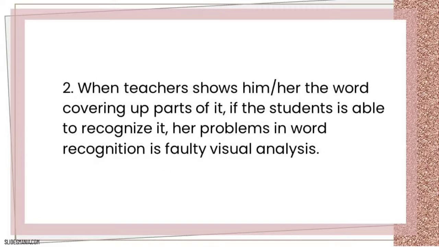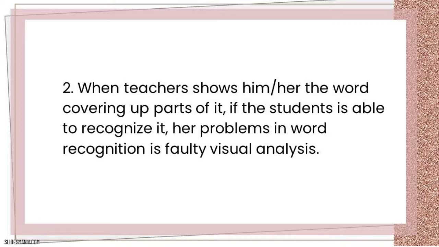Second, when the teacher shows him or her the word covering up parts of it, if the student is able to recognize it, her problem in word recognition is faulty visual analysis. For instance, using the same example from the first one, a child is starting to learn three-letter words, and then we ask him or her to read the word rainbow.